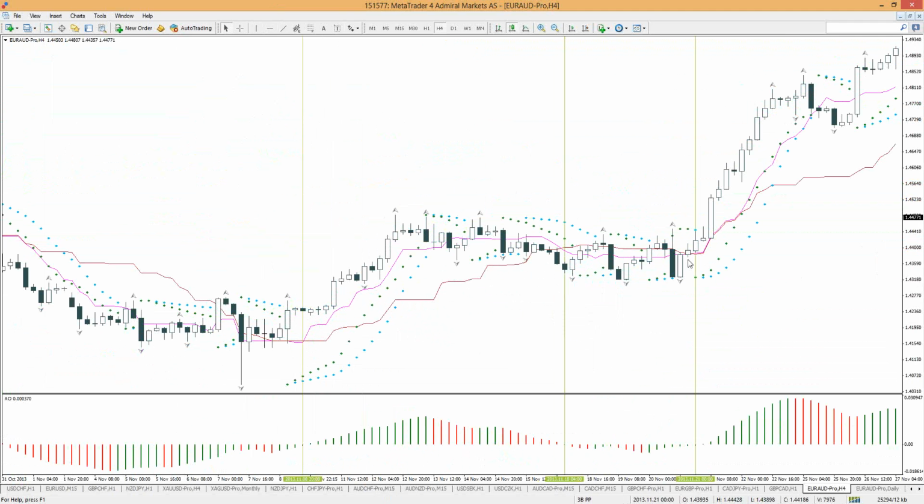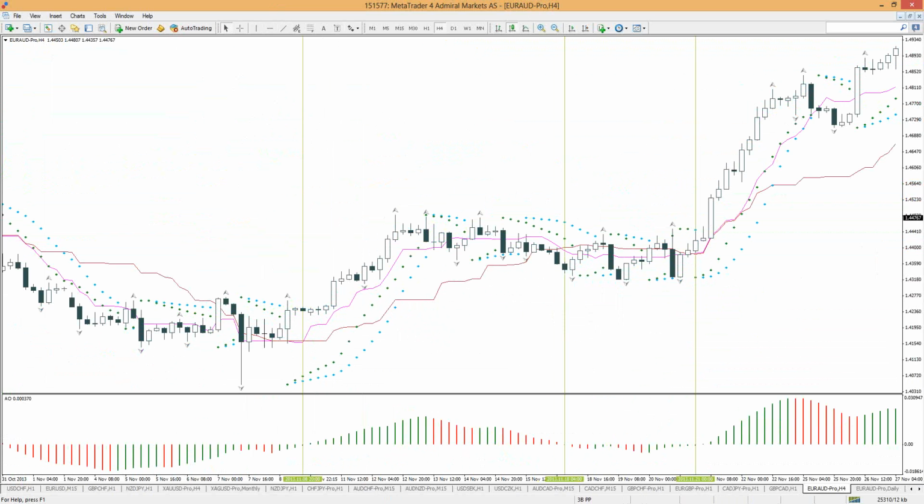Actually, there are very rare cases when the Tenkan and Kijun are equal. That would then be no trend. But it happens so infrequently that I don't think it's something that will happen too often, though theoretically it could happen. So from this line onwards, uptrend.